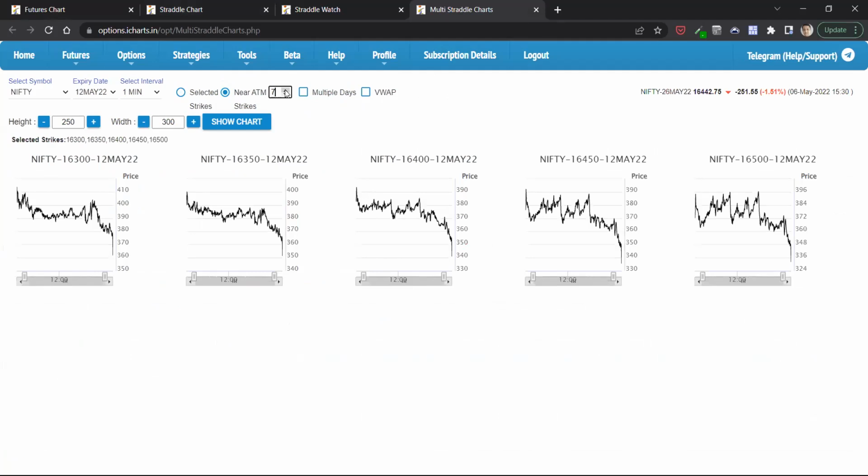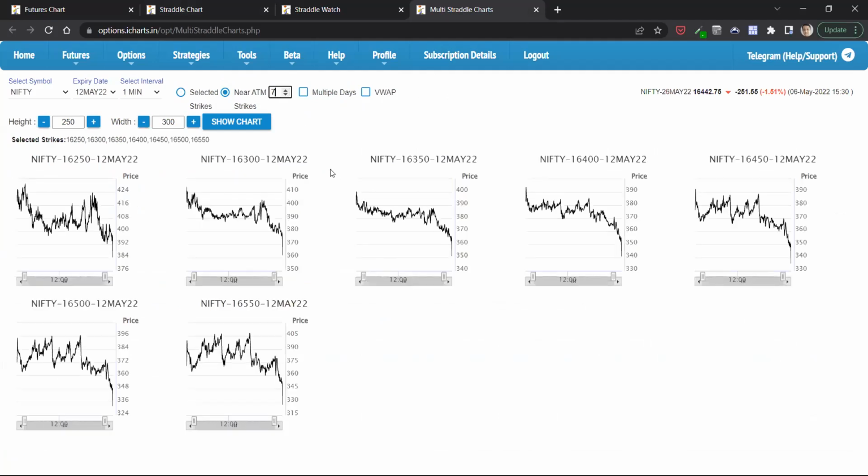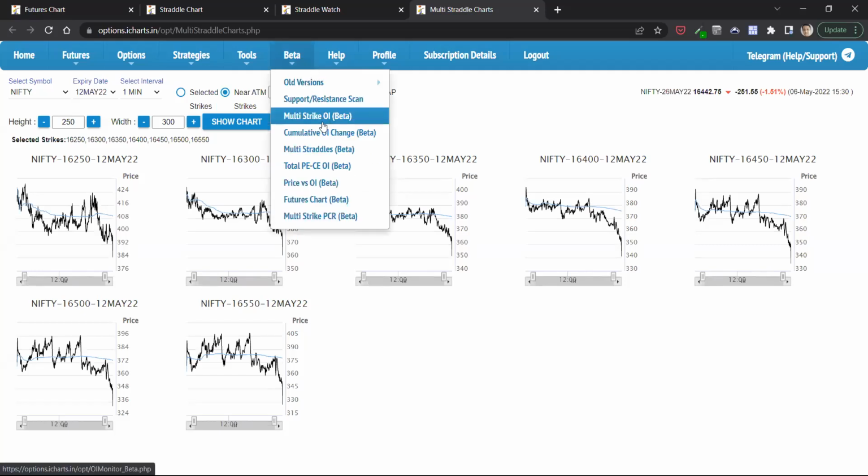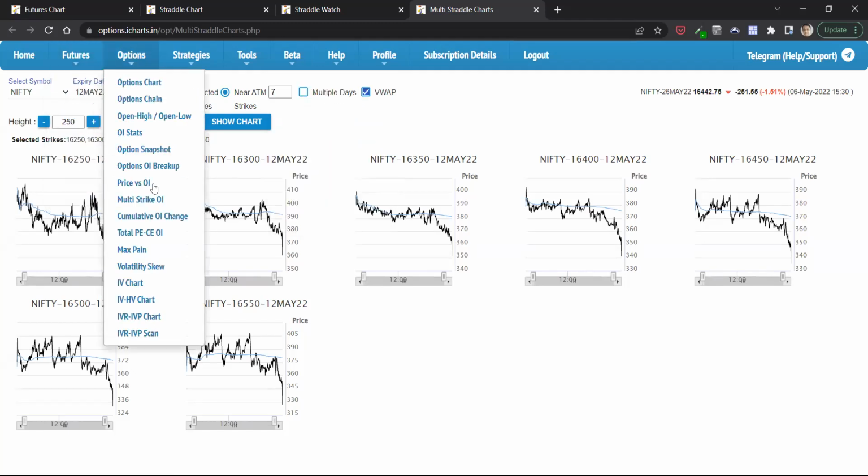But you have given two options: in the option menu you have given cumulative OI, and in beta also you have given cumulative OI, right? For this, see, the multi-strike OI, cumulative OI, total PE/CE OI, price versus OI, there's only very little change here. We have given this only for a reason, and I'll tell you why.